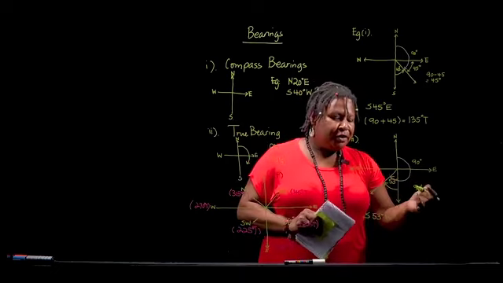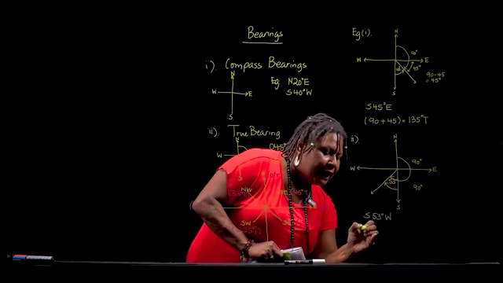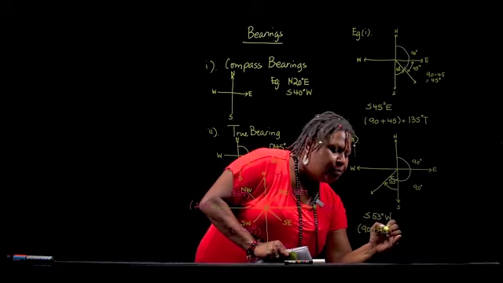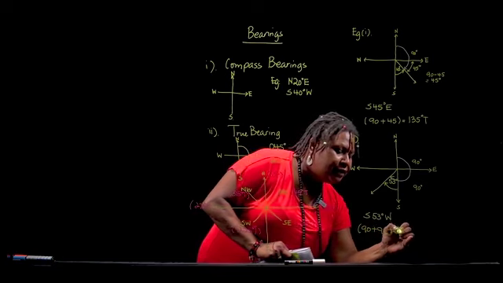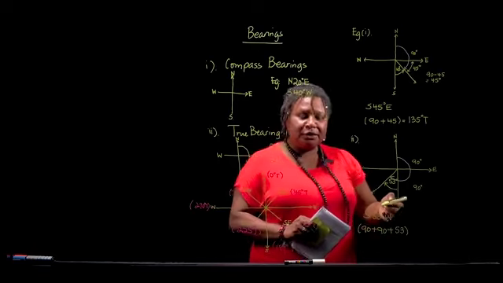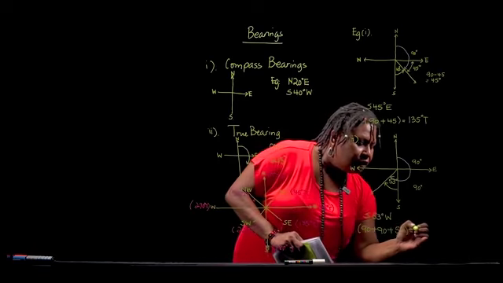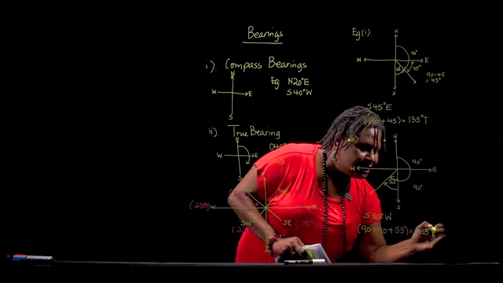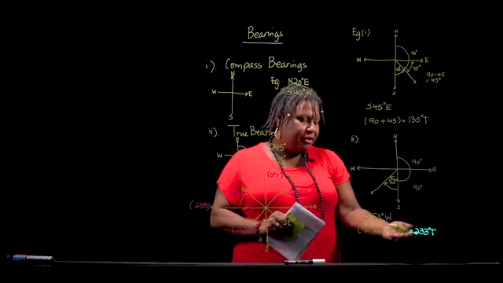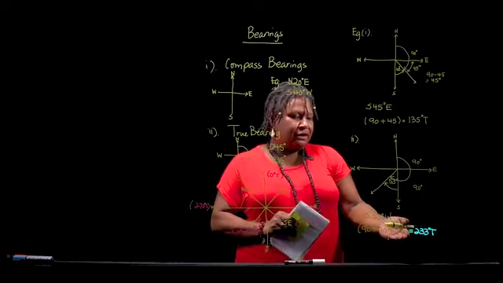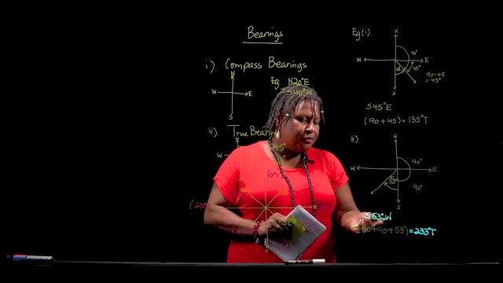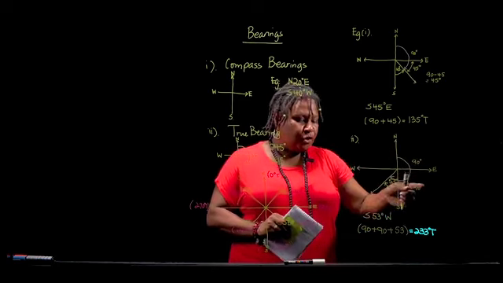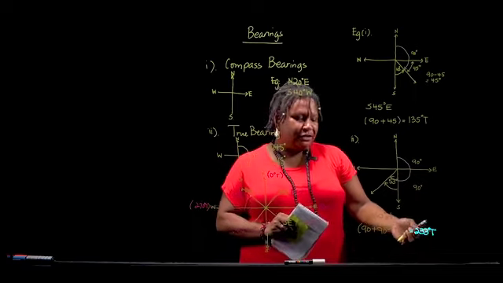So true bearing would be 90 plus 90 plus 53 degrees, which gives me a total of 233 degrees T. So that's the bearing as true bearing. Conventional, south 53 degrees west, and true bearing from north is 233 degrees.